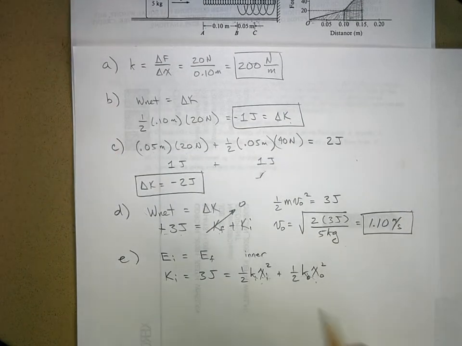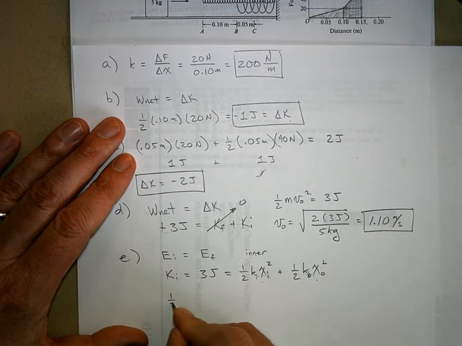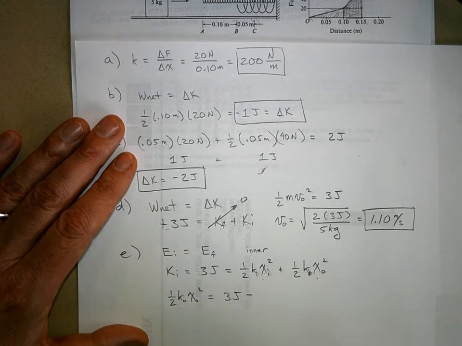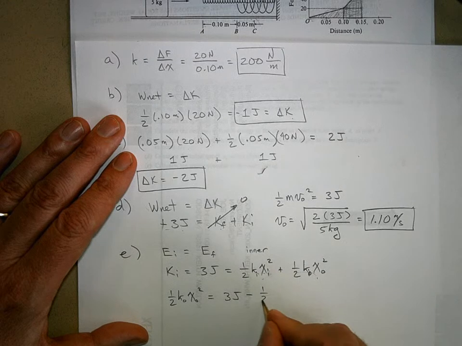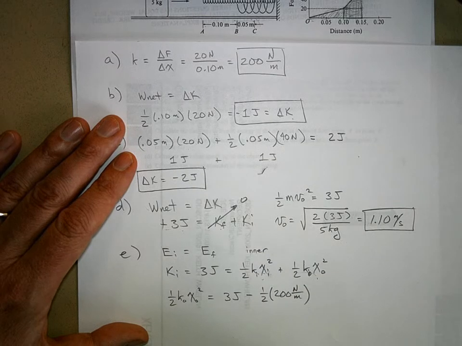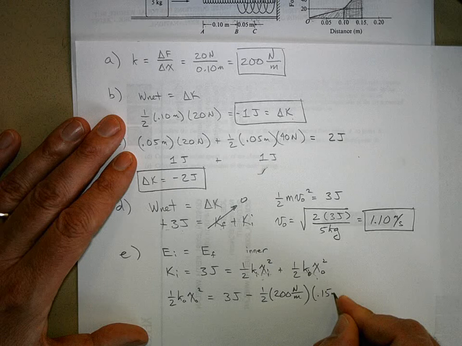Okay, so what do we want? Well, we want 1/2 k naught x naught squared is equal to 3 joules minus this. And we know what this is. This is 1/2 of 200 newtons per meter. We already know that spring constant from part A. And then delta x is 0.15 meters squared.